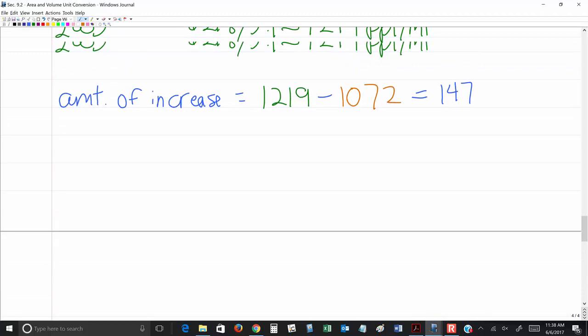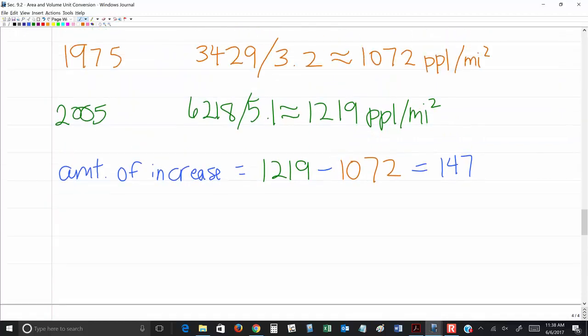So then the percent of the increase would just be 147 divided by the amount that it started from, which is 1072.